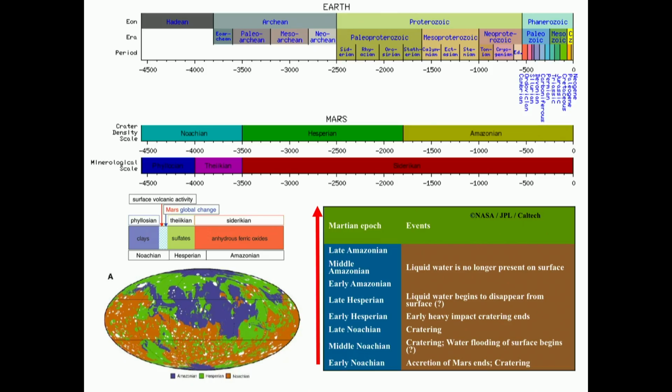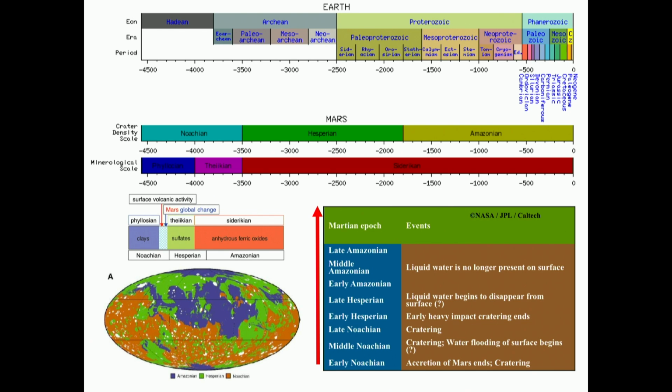If we show a synthesis of the column of the Earth and of Mars, we can make this type of assignment. We have here the Archean, the Proterozoic, and the Phanerozoic, and here on Mars, the Noachian, the Hesperian, and the Amazonian, which in a certain way could be assigned to the Phyllocian, Theiikian, and Siderikian. So different types connected with the existence of different minerals.